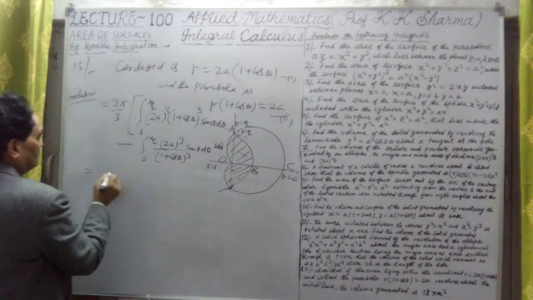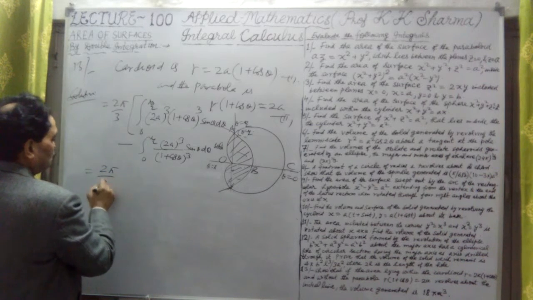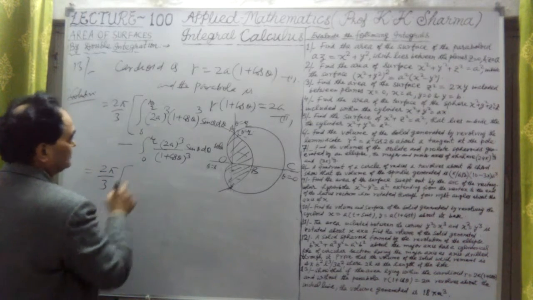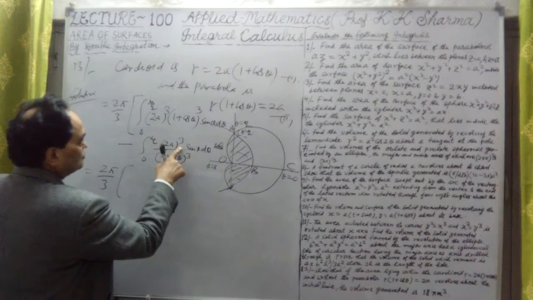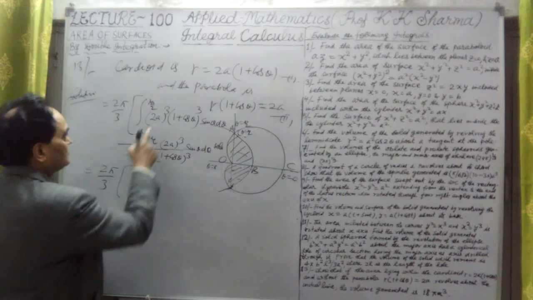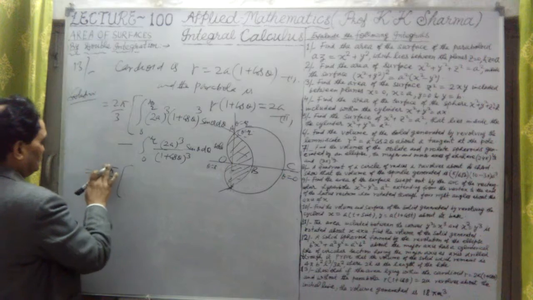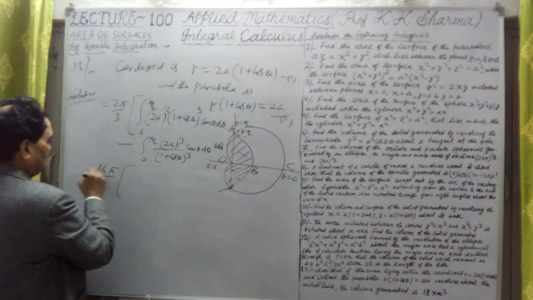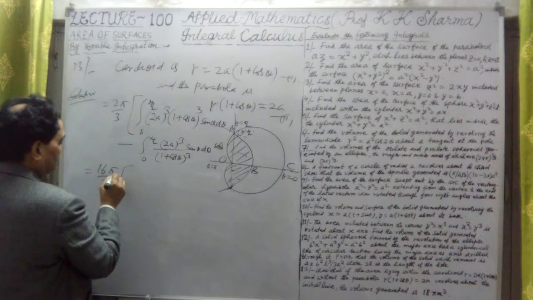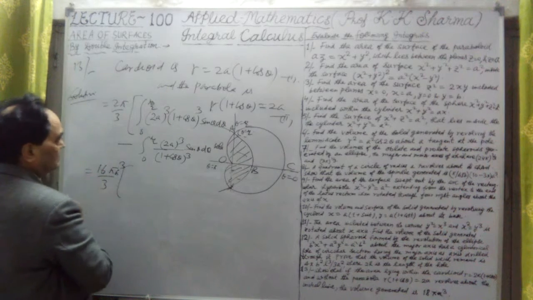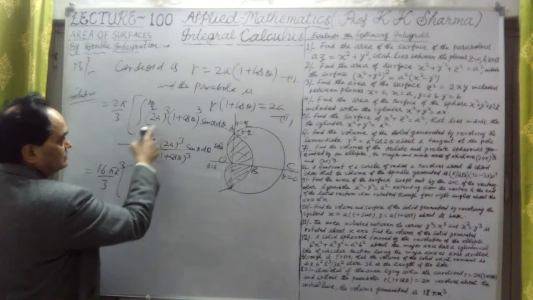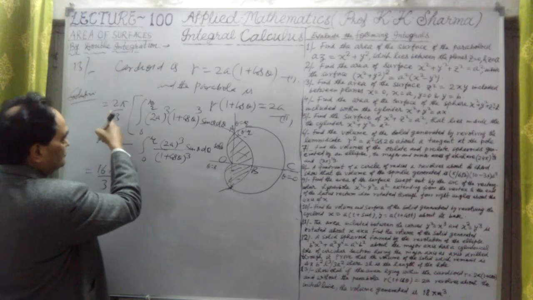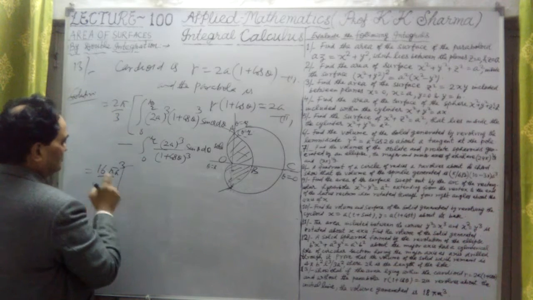Now let me further write it down. This is 2 pi by 3. Now here 2a cube, both are having common, so let me take this 8a cube out. It will be 2 into 8, 16 pi a cube upon 3.